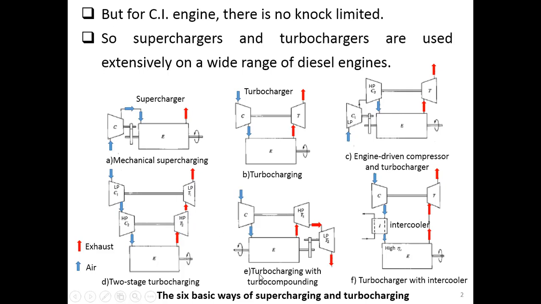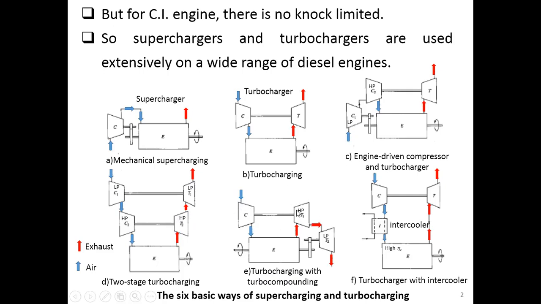Okay. The fifth configuration is called turbocharging with turbo compounding, in which we have only one compressor here, which is driven by the high pressure turbine.